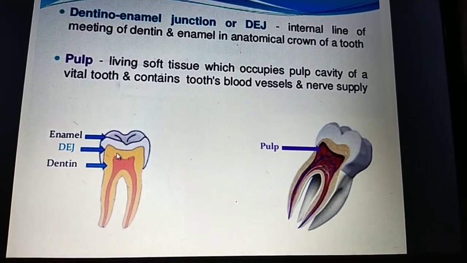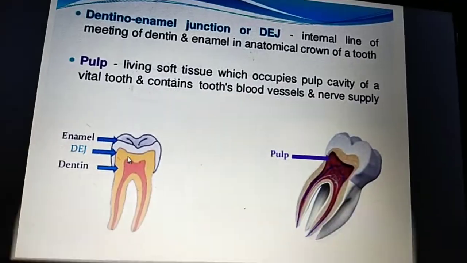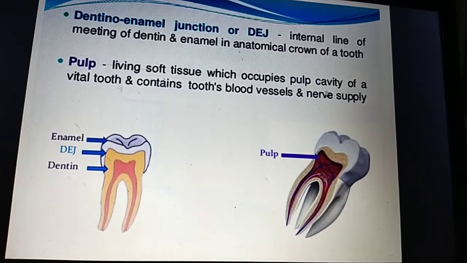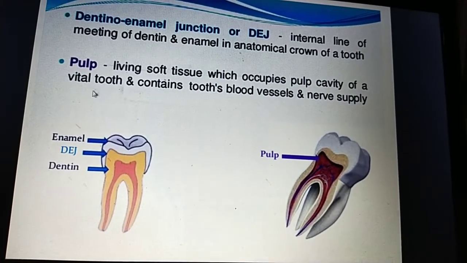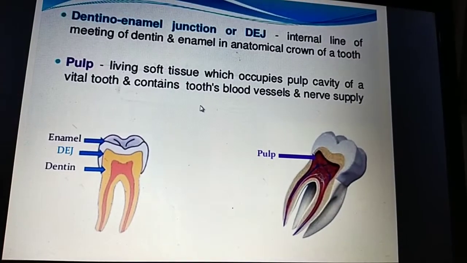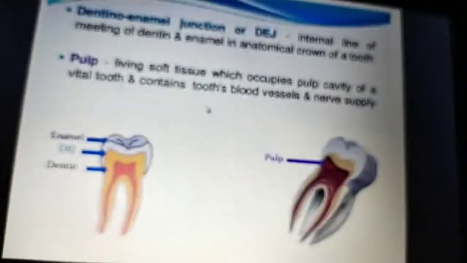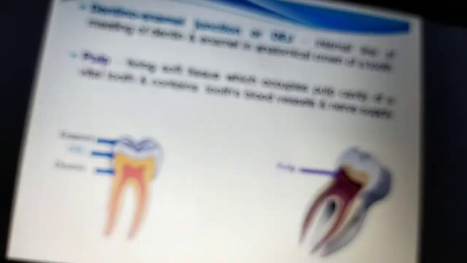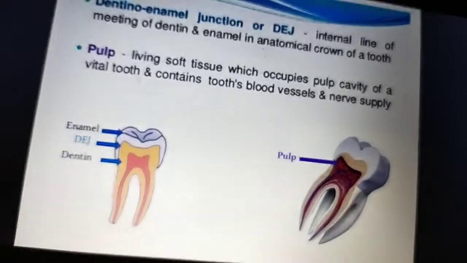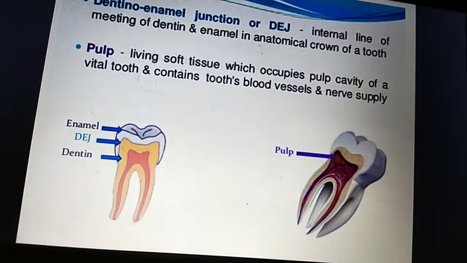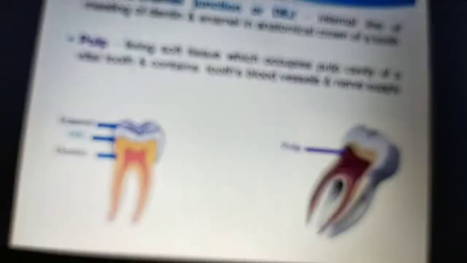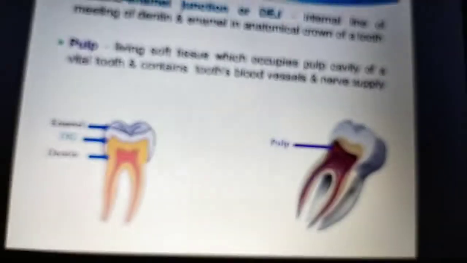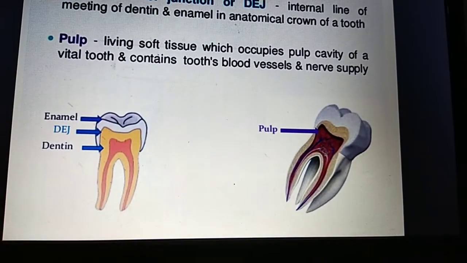Pulp is the living soft tissue which occupies the pulp cavity of a vital tooth and contains the tooth's blood vessels and nerve supply. In general, pulp is the neurovascular bundle central to each tooth, and it is completely covered by the dentin.